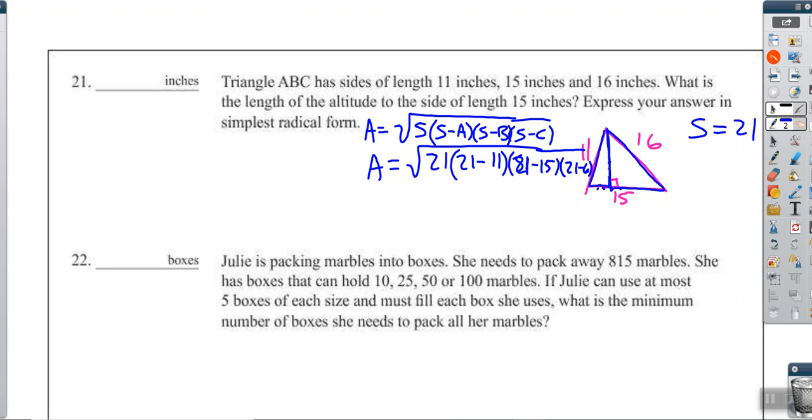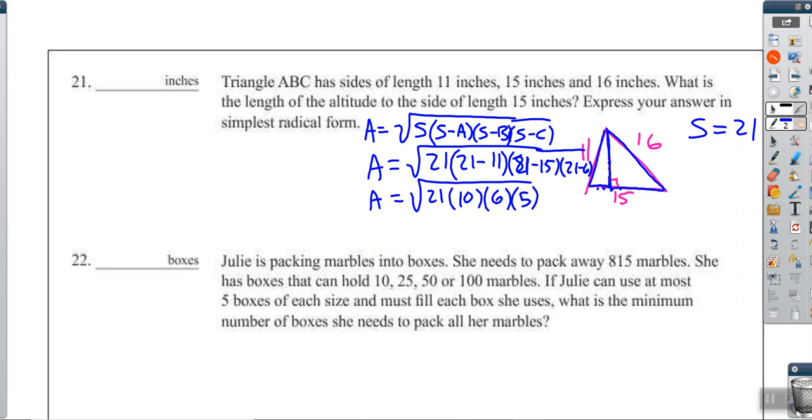All right, so we know that the area is going to be equal to the square root of 21 times, well, 21 minus 11 is 10, times 21 minus 15, which is 6, times 5.